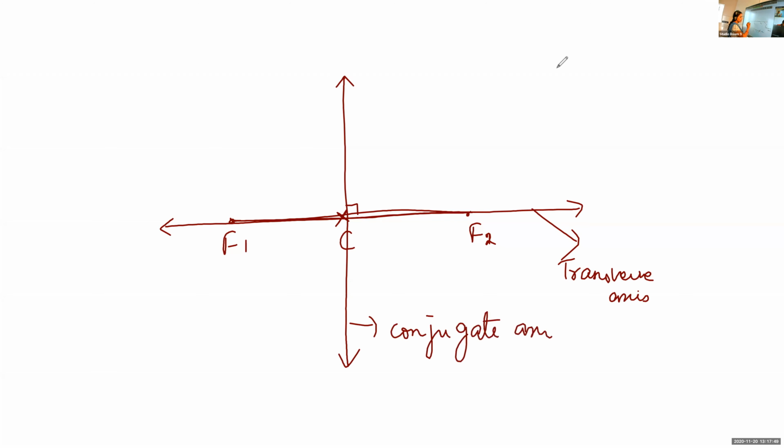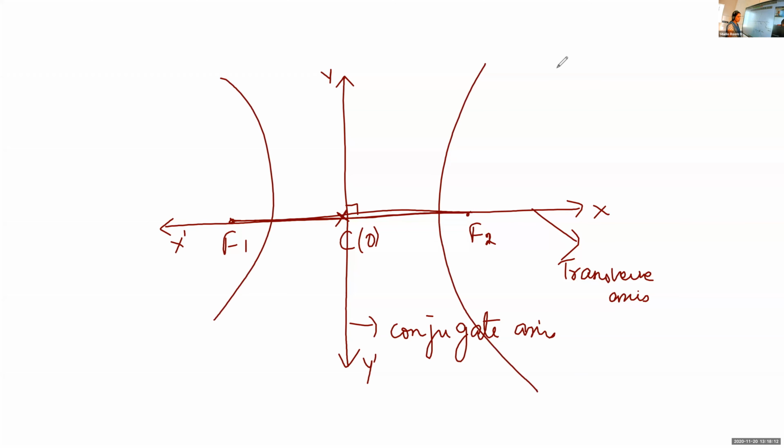Usually we take the horizontal transverse axis as XX dash, the vertical axis as YY dash, and the center as the origin in standard form. When you draw the graph, you'll get two curves like this.